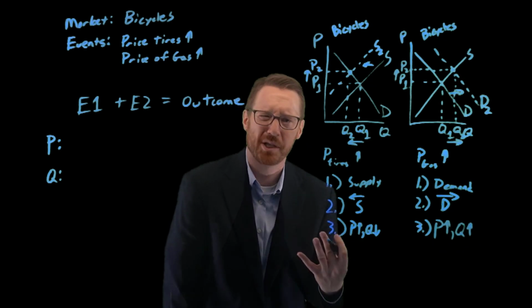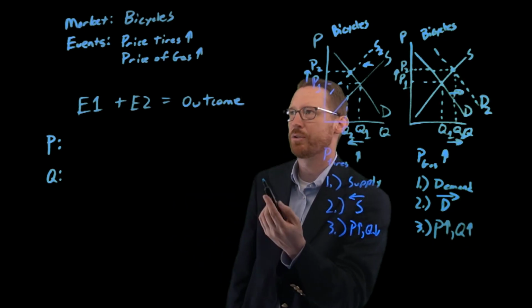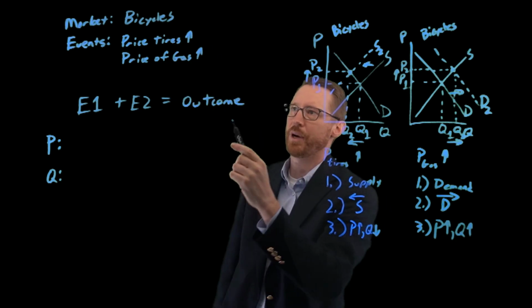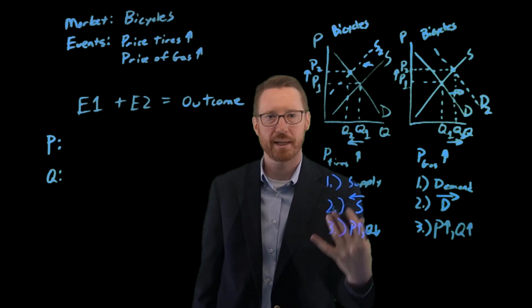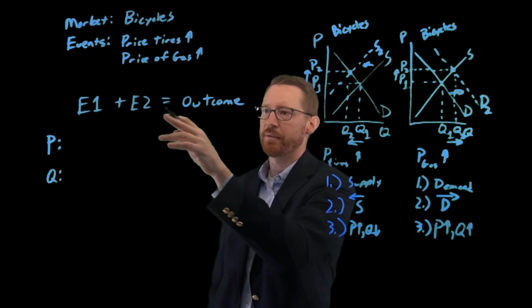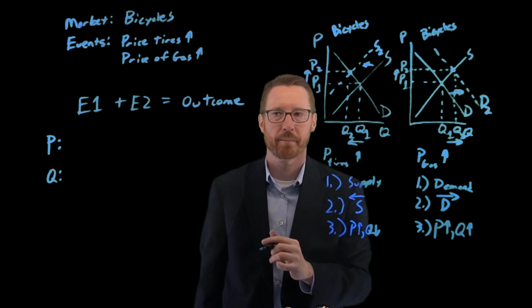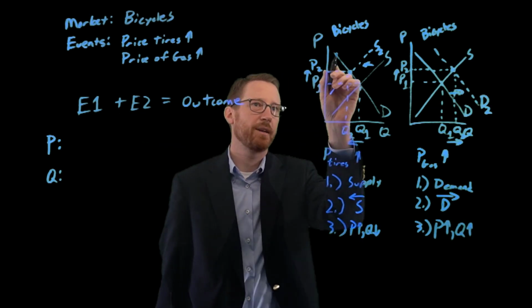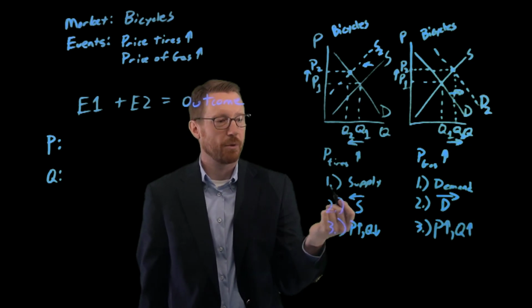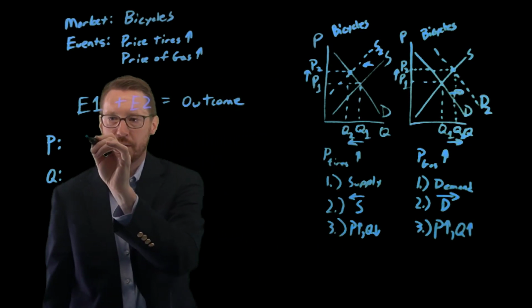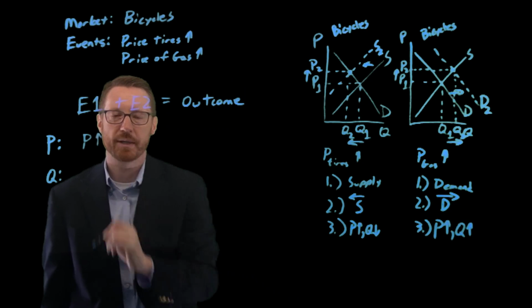Okay, so what was our original question even? Our original question was what happens in the market for bicycles if both of these events take place? And we said that we can get there by working each event and then looking at the outcome. So our first event was that the price of tires increases, and what does that do in the market for bicycles? Well, that pushes up the price of bicycles.